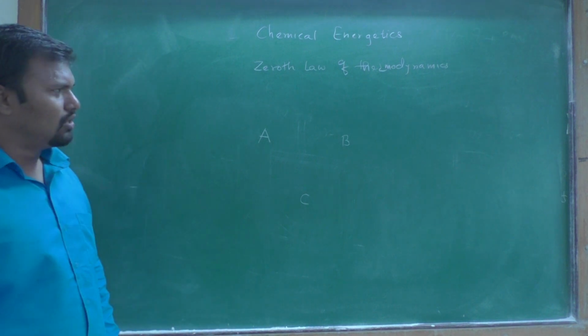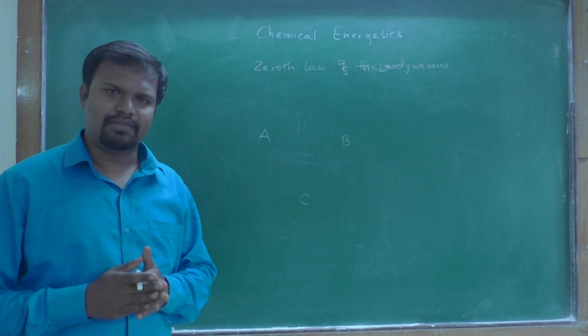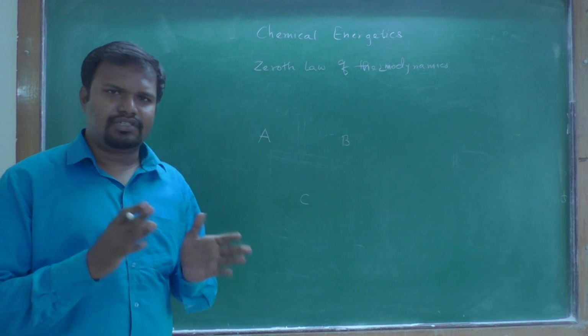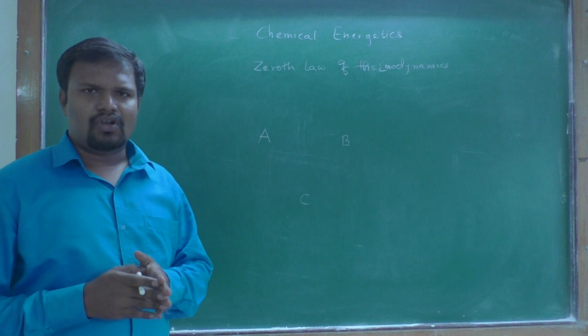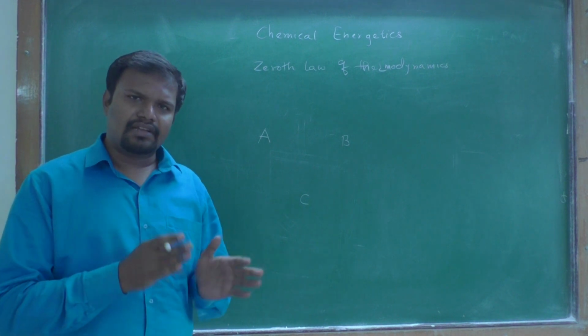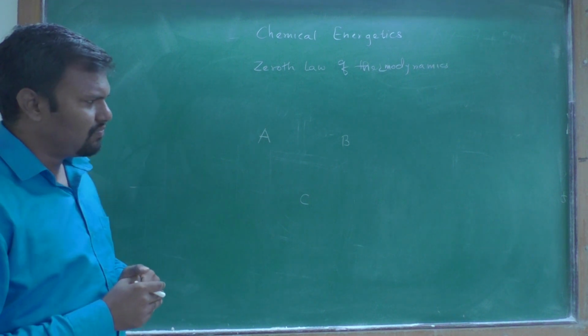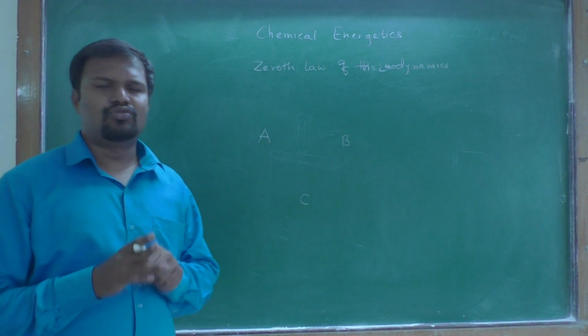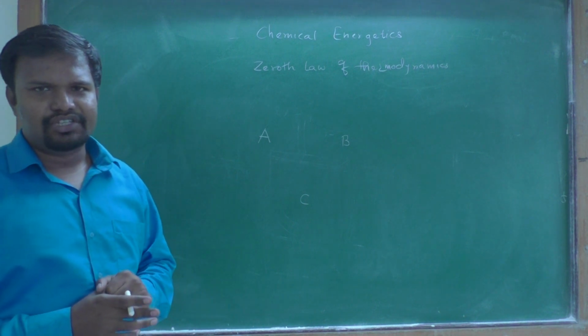Dear students, today we will learn the zeroth law of thermodynamics. It is stated as: when two bodies or two systems are in thermal equilibrium with a third system, then these two bodies are in thermal equilibrium with each other.